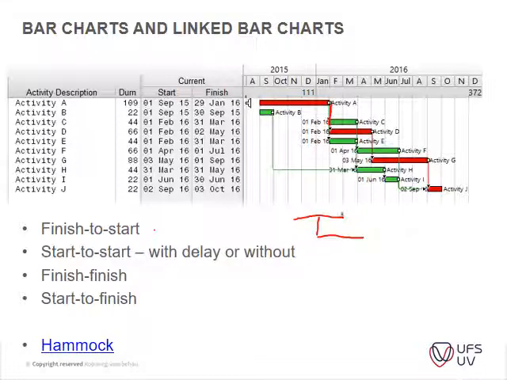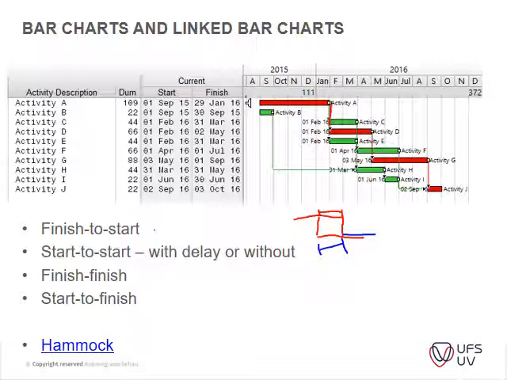So you have a bit of leeway that you can apply. You don't have to have the whole design done before the engineer's design starts. You can save a bit of time by starting your design earlier. So this is why you have these different linkages.